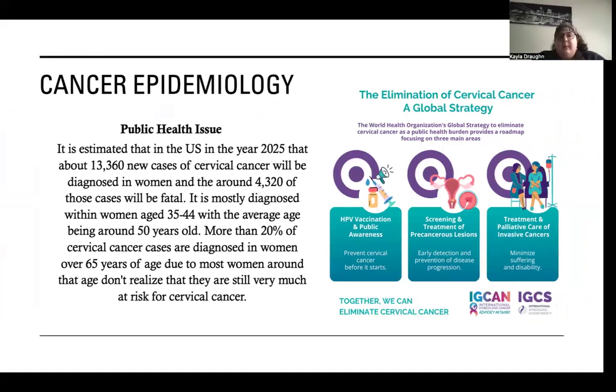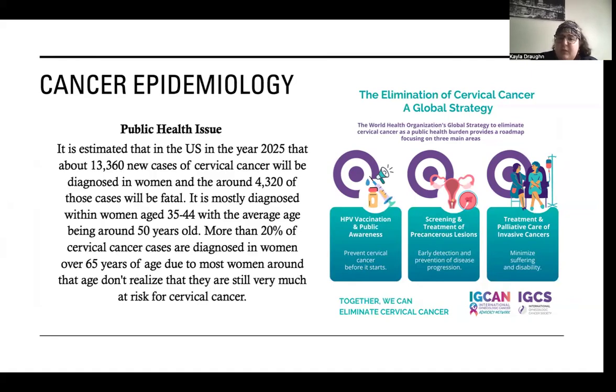Cancer epidemiology, the public health issue: as per the American Cancer Society, it is estimated that in the US, in just this year alone, about 13,360 new cases of cervical cancer will be diagnosed, and around 4,320 of those cases will turn up fatal.